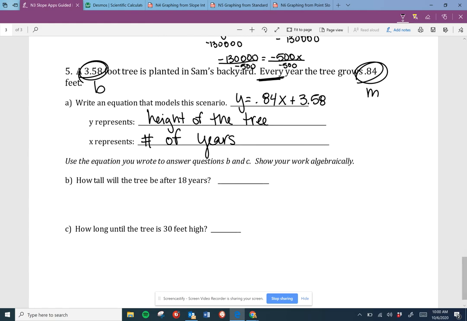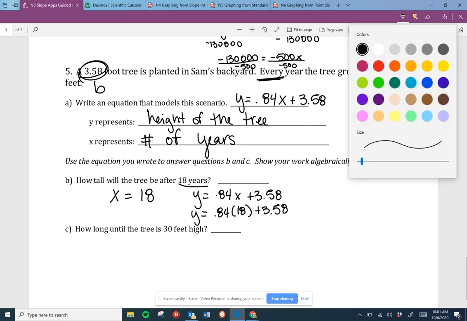Okay, and I'm going to go to my calculator, and I don't want to forget, I'm going to put everything after the equal sign in my calculator. Okay, everything after the equal sign. So I go over here, okay, 0.84 times 18 plus 3.58. And I get 18.7.